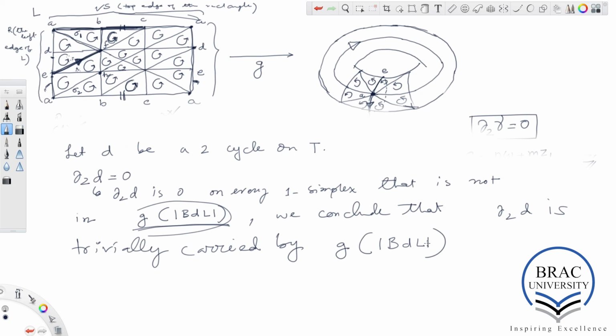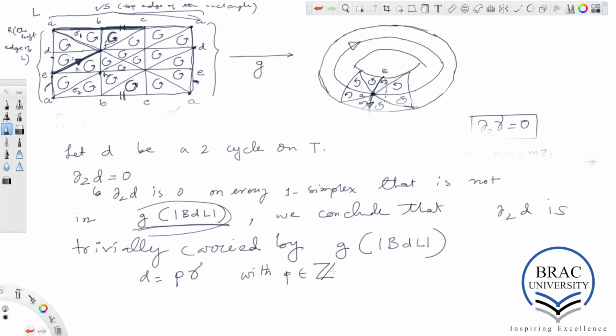So we started with a 2 chain, and del 2 of D is carried by A, and hence 2 applies, and 2 tells us that D is equal to P times gamma for some integer P with P belonging to the set of integers, or by means of result 2 we arrive at here.